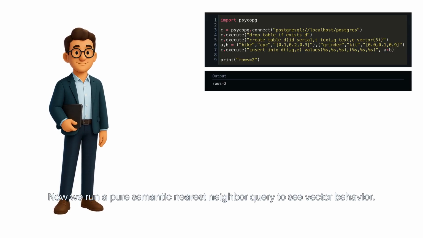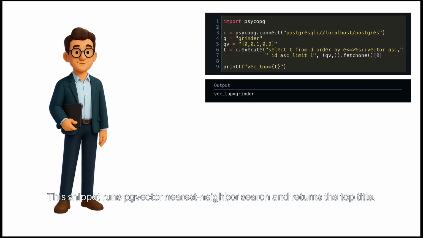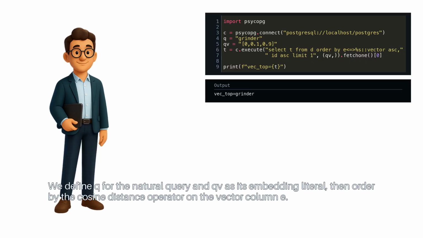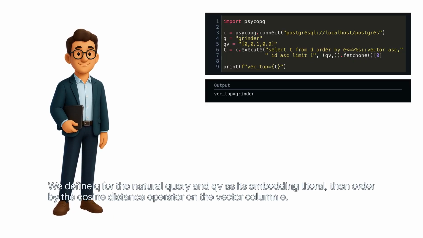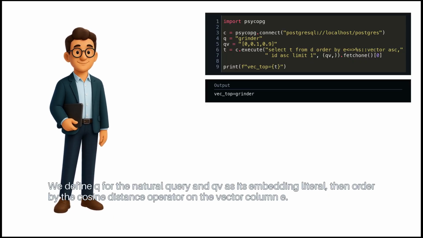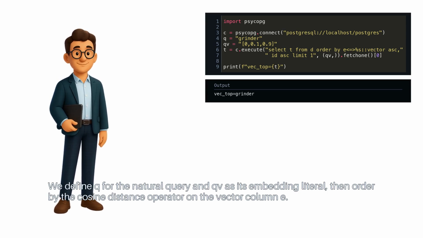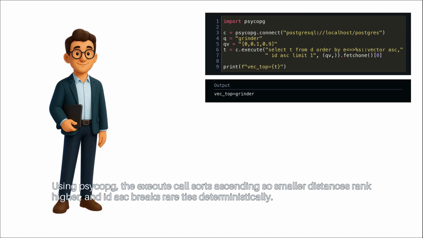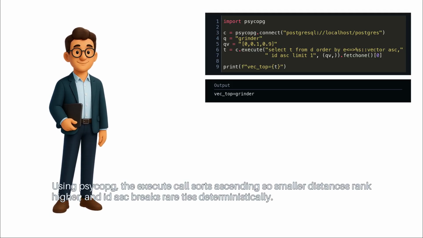Now we run a pure semantic nearest neighbor query to see vector behavior. This snippet runs pgvector nearest neighbor search and returns the top title. We define Q for the natural query and QV as its embedding literal. Then order by the cosine distance operator on the vector column E. Using psycopg, the execute call sorts ascending, so smaller distances rank higher.